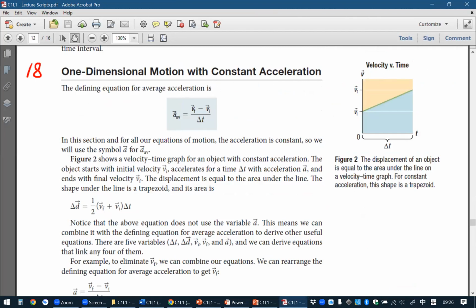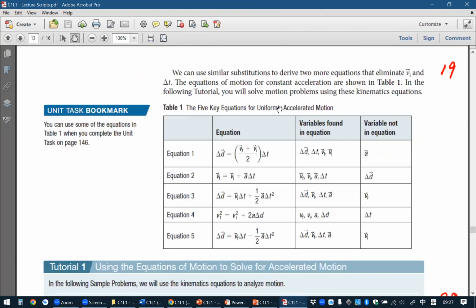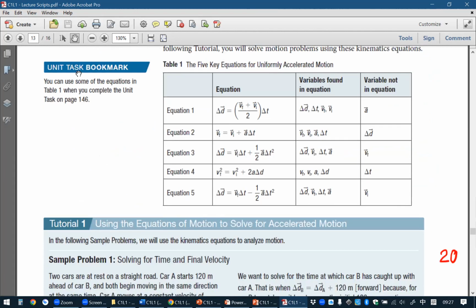Well, these are the 5 key equations for uniformly accelerated motion, which means motion with constant acceleration. Also note that these formulas, so far we have only talked about one-dimensional case, okay? I'll give you some time to have a look at these equations.